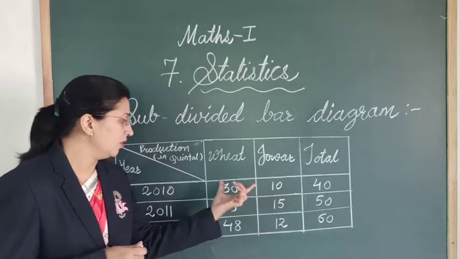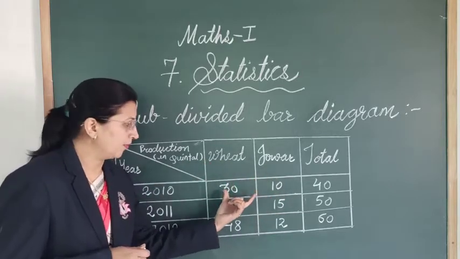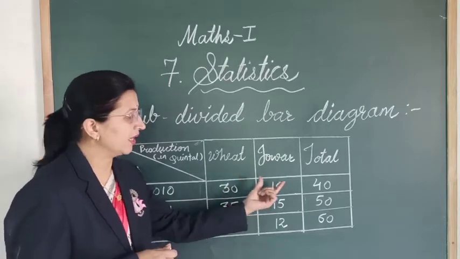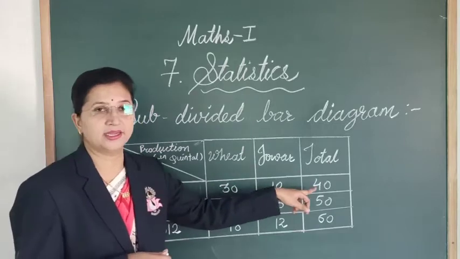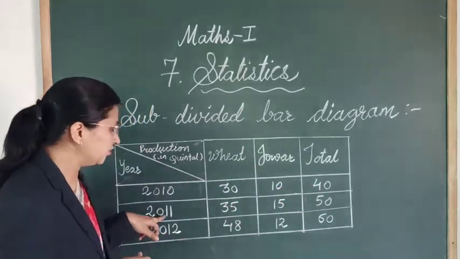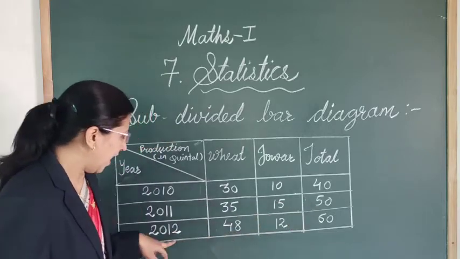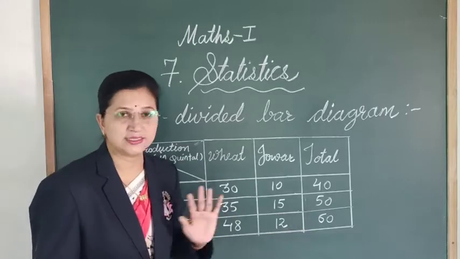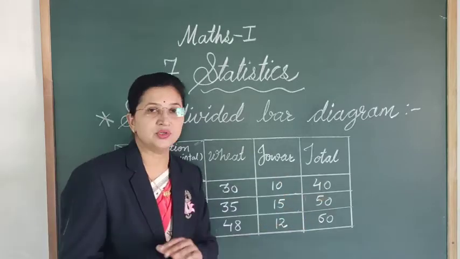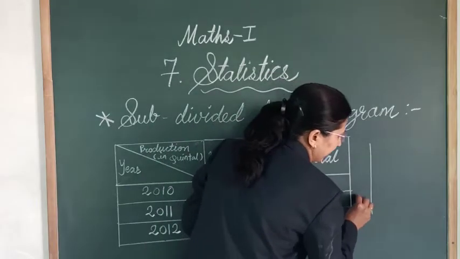So we will write the numerical values for this crop production. Then we will make their total. Total in the year 2010 is 40. Then 2011, this 35 plus 15, that is 50. And in the year 2012 it is 48 plus 12, that is 60. After taking the total, what will we do? We will decide the scale.